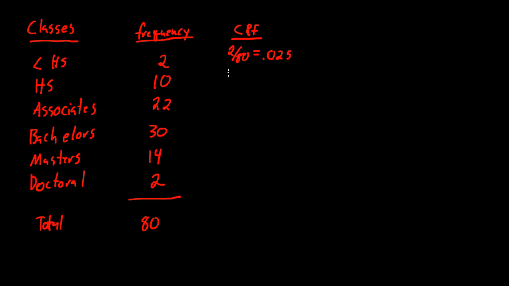For high school, 10 divided by 80 is equal to 0.125. And we just keep going down for all of our different classifications. So we have 0.275, 0.375, 0.175, and again 0.025. So that's our class relative frequency for each of our different classes.